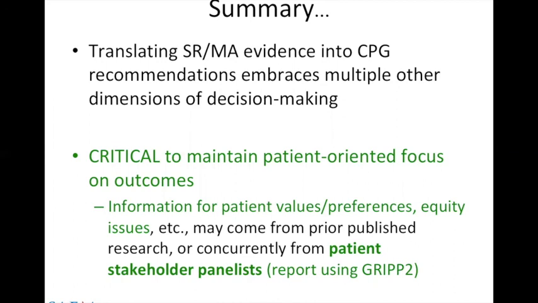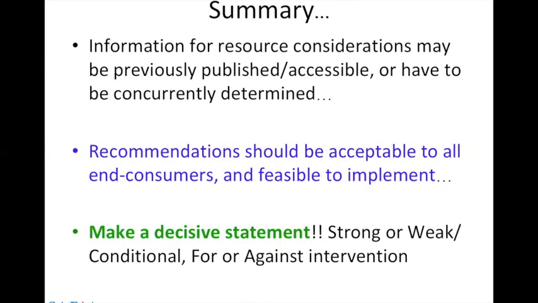If you have the information for patient values and preferences, equity, resource issues with regards to patient values and preferences, that's great. Other than that, just get patients or stakeholders on your panel and let them help you with their lived experiences to evaluate all of these things and eventually get to your recommendation, and then report their participation using the GRIP 2 checklist as the reporting guidelines for GRIP 2 that I previously alluded to.